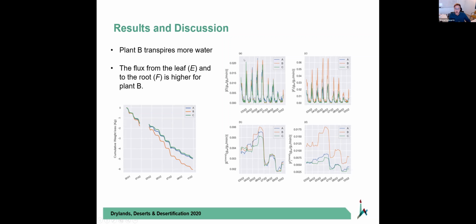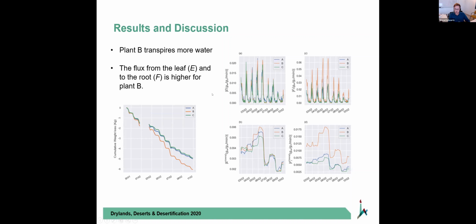Here in panel A, you can see the flux from the leaf. And in panel C, you can see the flux to the root. So this is the transpiration rate divided by the leaf mass, and here by the root mass. And the important thing to see here is that the flux for plant B is higher than for the other plants.